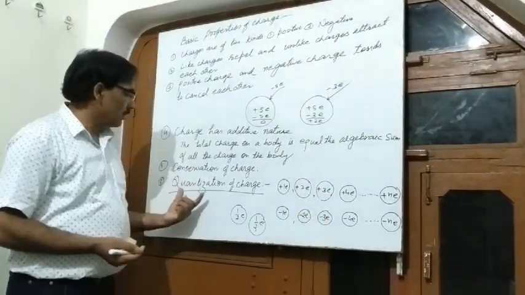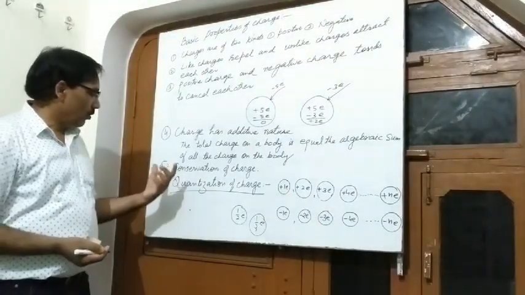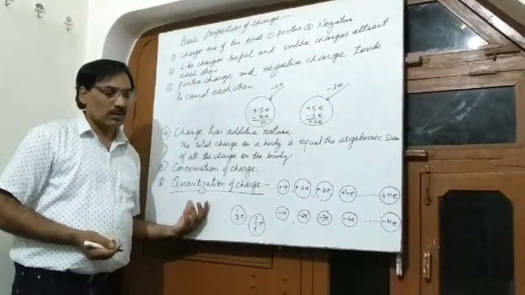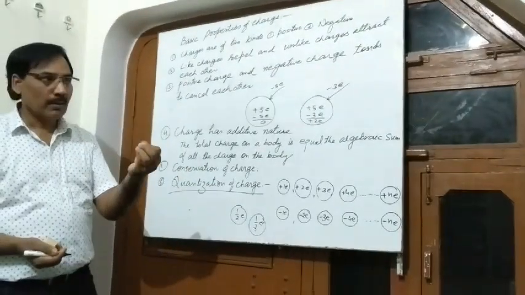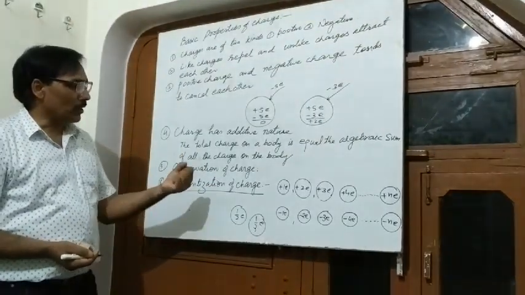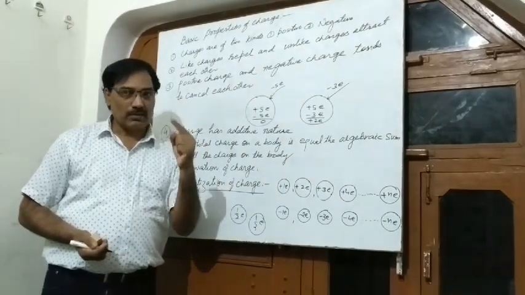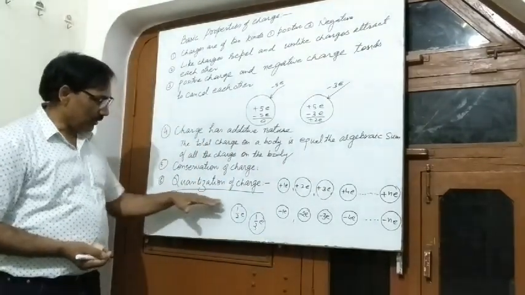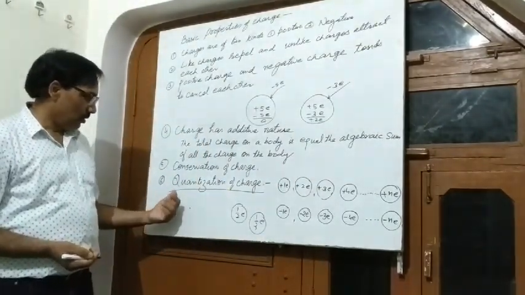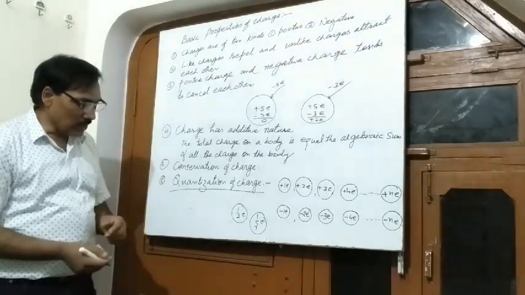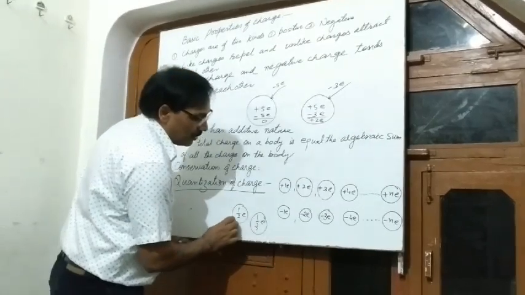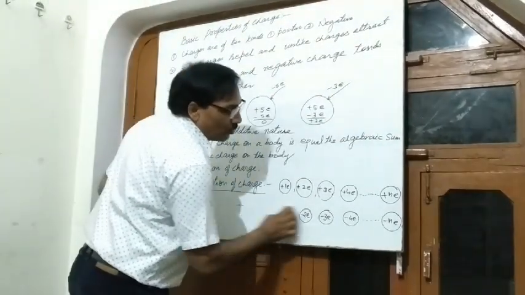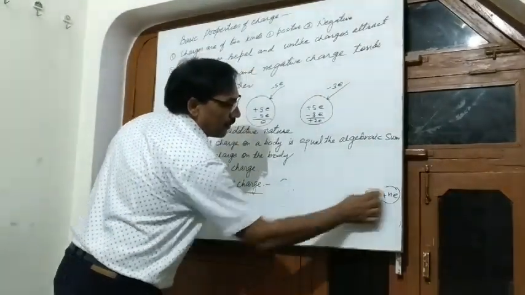And this is the quantization of charge. The charge can be transferred in a fixed amount, and that is equal to 1 electron. That is, the charge on a body will be integral multiple of e. We cannot have charge which is a fraction of e.